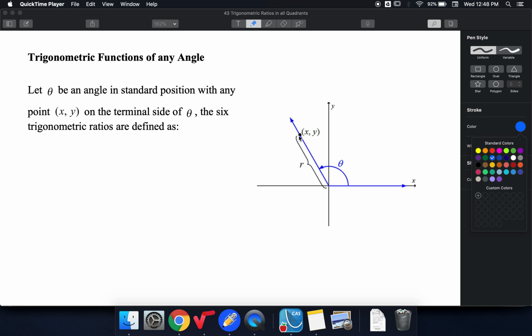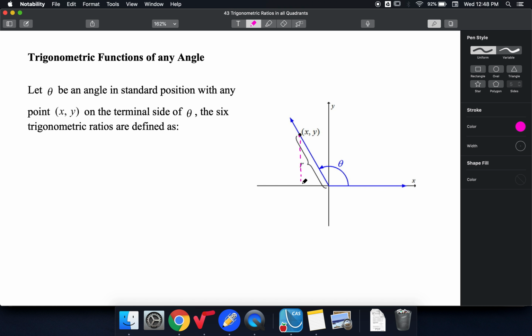And then if I think about creating a right triangle from this, I'm going to put this in pink. I could go straight down to the nearest x-axis, and straight across to the origin. So notice here I've got my theta prime, which is my reference angle.